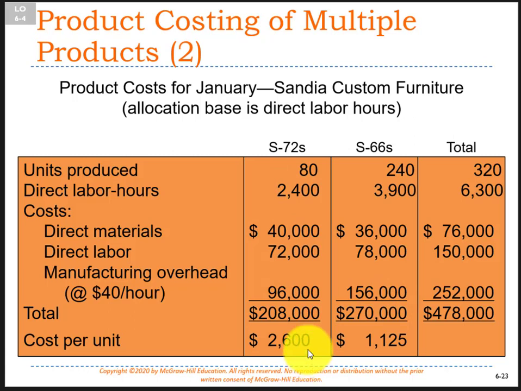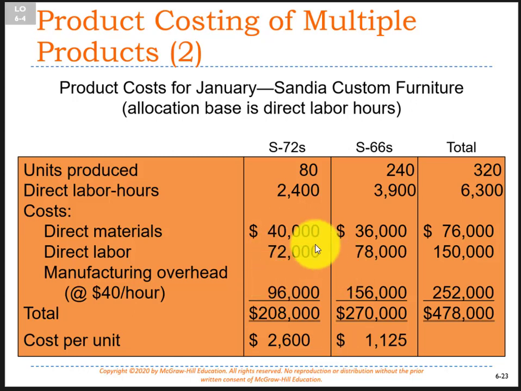And so our S72s cost us 2,600, or estimated, and then 270,000 divided by 240, 1125 for S66. That's our estimate based on that allocation of overhead.